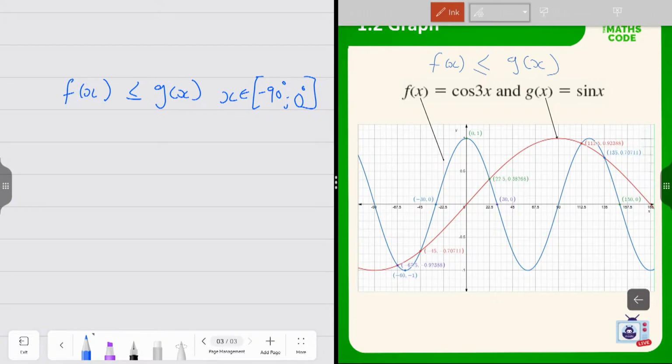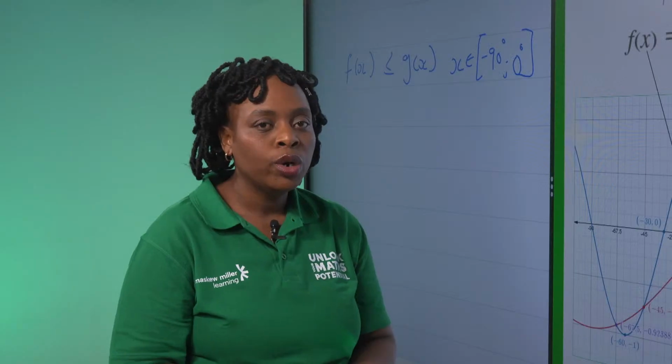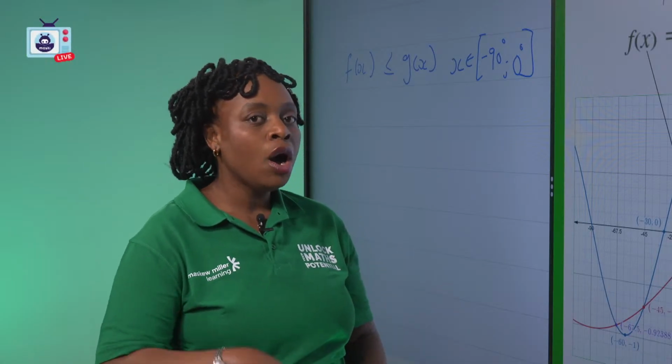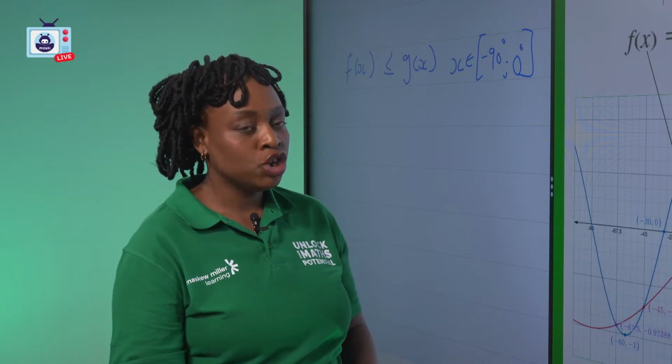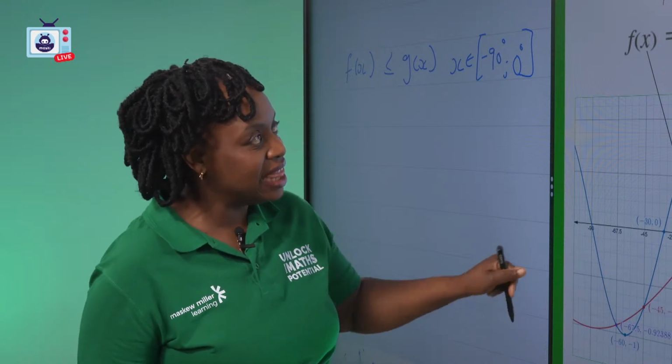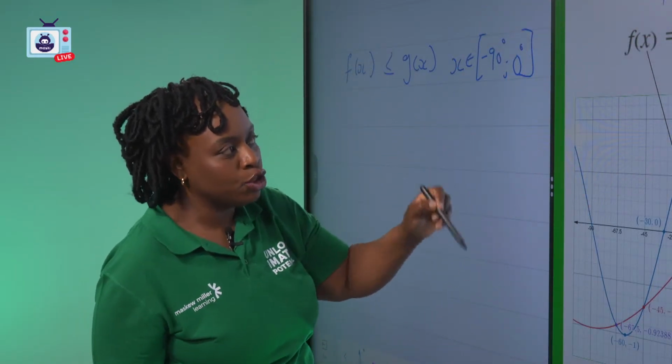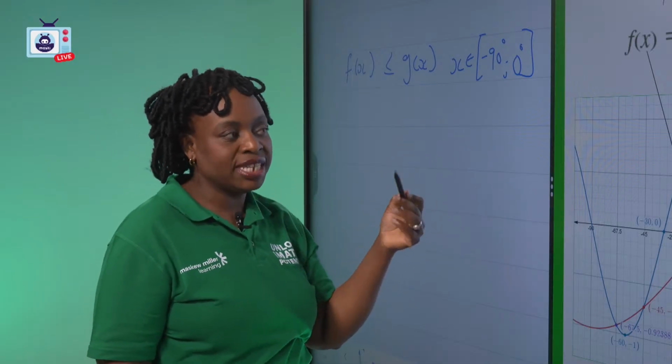So it means we are looking into this graph where f of x is either equal or below g of x. So we are looking wherever in this where we can see that g of x is actually above the f of x, or we can draw the g of x for us to read the belowness of it.